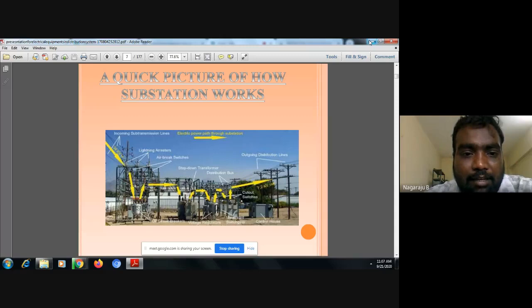Here you have lightning arresters, air break switches, and circuit breakers. If you want to connect a line to line, or support some line, you need an insulator, and you need protecting devices to prevent high currents.